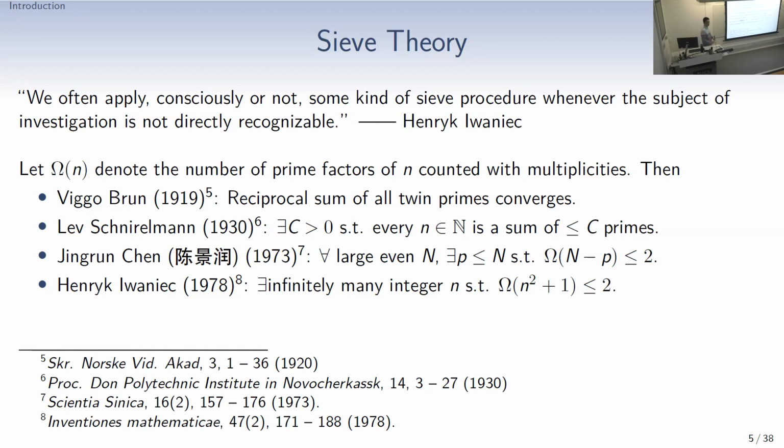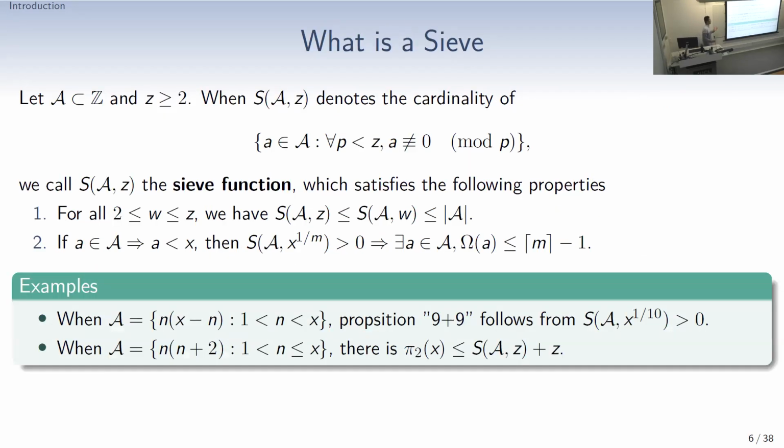So these are some quite classical results in sieve theory, and now we need to see what a sieve is. So we go to the concrete part. What is a sieve? From an abstract starting point, we suppose that A is some subset of integers, and z is some integer that is greater than or equal to 2.